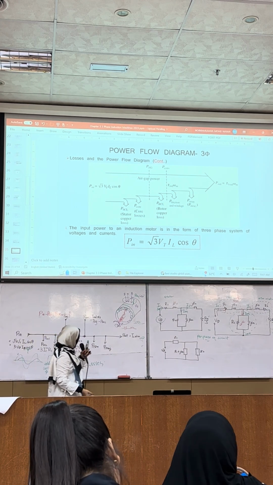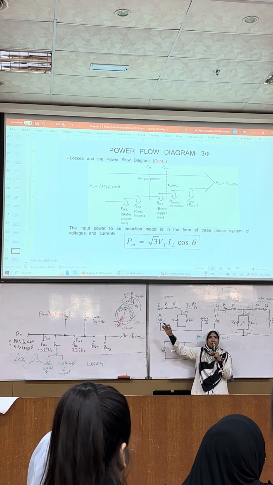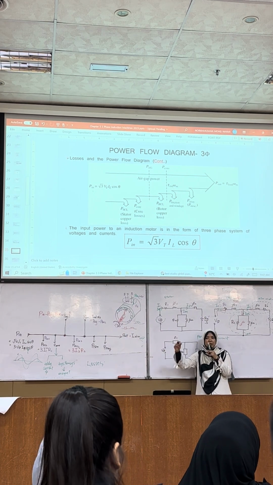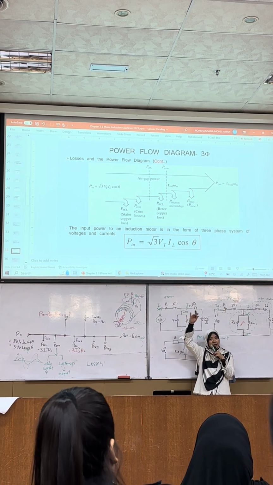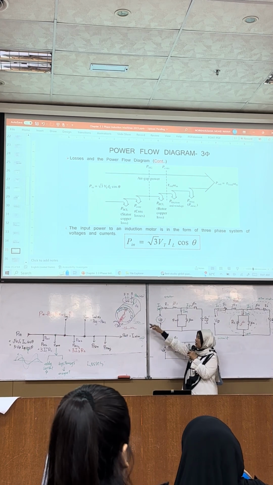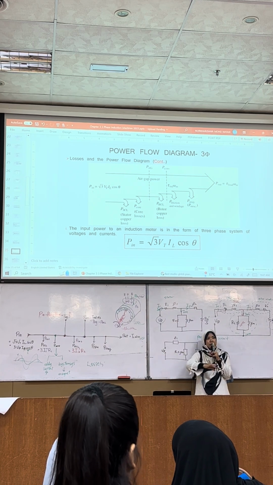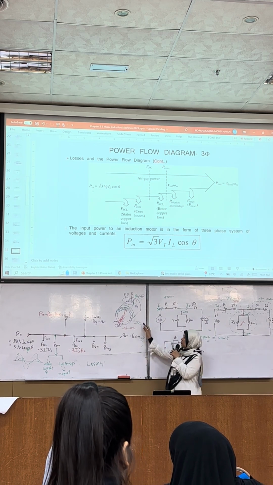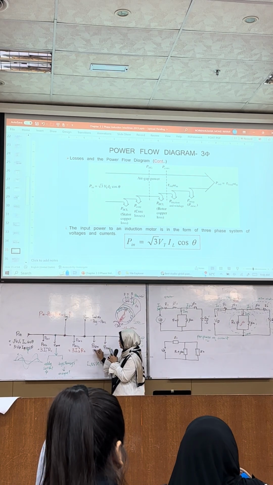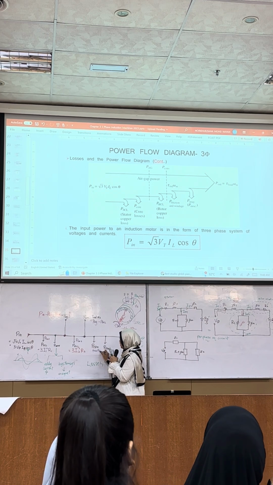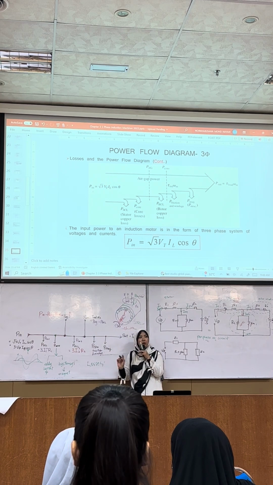Okay, next. It depends whether your motor is operated submerged underwater, or in the air like an aeroplane engine, or in ordinary ambience like a transformer. All the ambience will reflect the friction and windage losses.